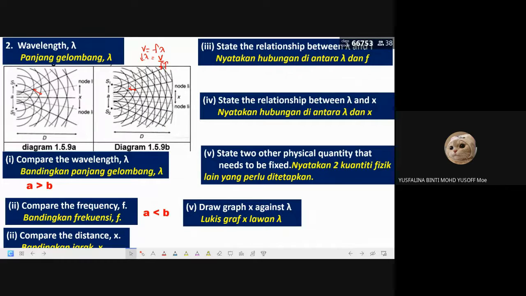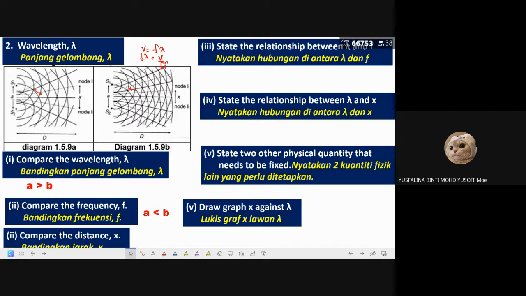This one, so at this part the frequency is higher. The wavelength here is shorter, so you already know the frequency must be higher than A. So that's why it says B is higher than A, the frequency.